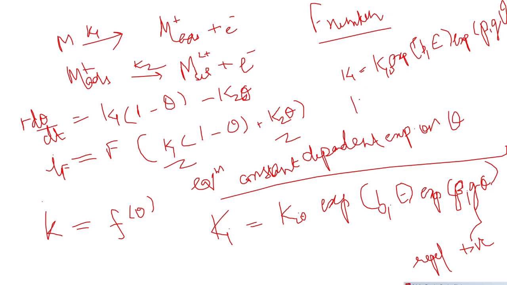Now for the next step, K2 will be the same, just the differences: K2 equal to K2 naught exponential B2 E.